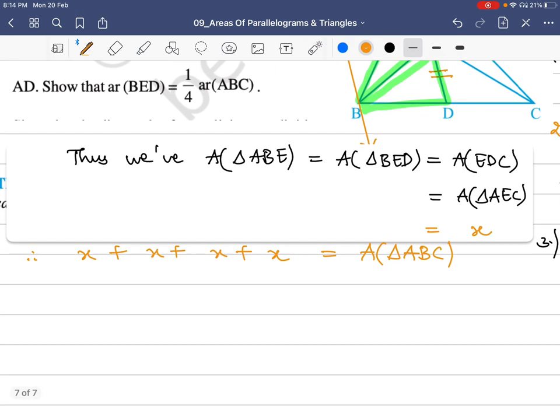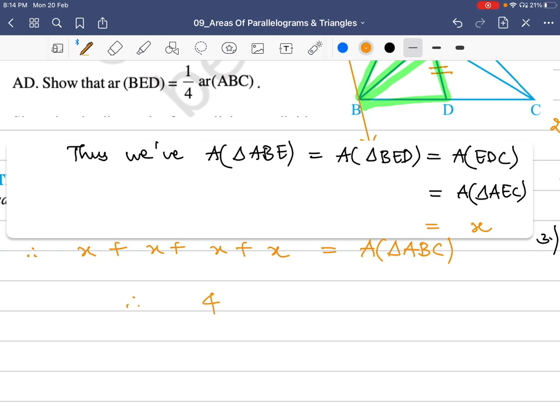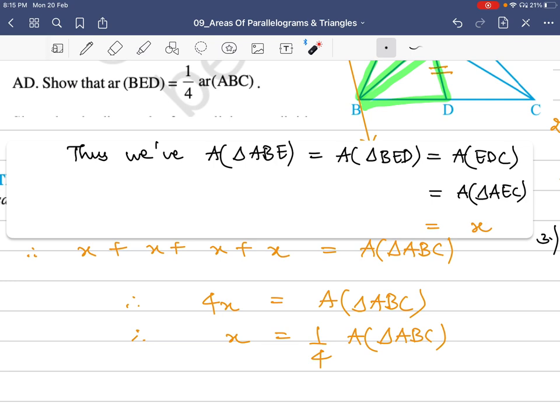Therefore 4x will be equal to area of triangle ABC, and therefore x will be equal to 1/4 the area of triangle ABC. Okay, but what is x? x is equal to the areas of all these four triangles.